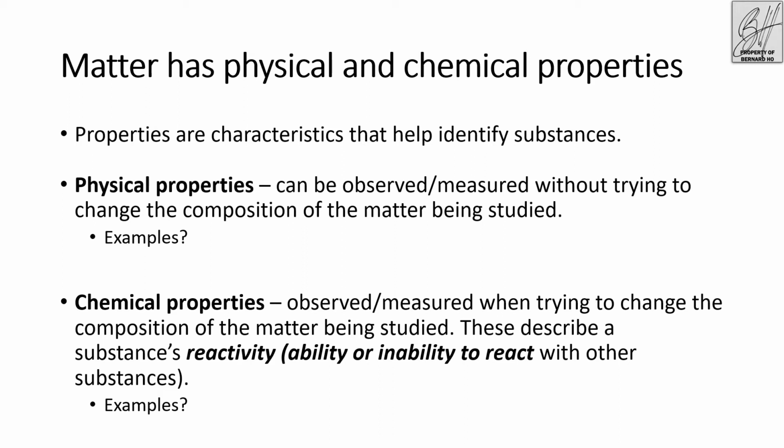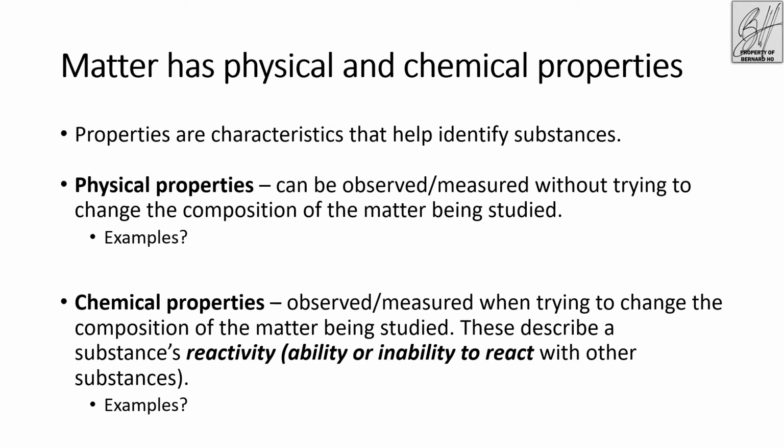If we look at, for example, the boiling point, well, we know that the boiling point of water is 100 degrees Celsius. And while we're making that observation that water boils at that temperature, the molecules of water, H2O, remain the same because we have two atoms of hydrogen bonded to one atom of oxygen, H2O, in its liquid form.